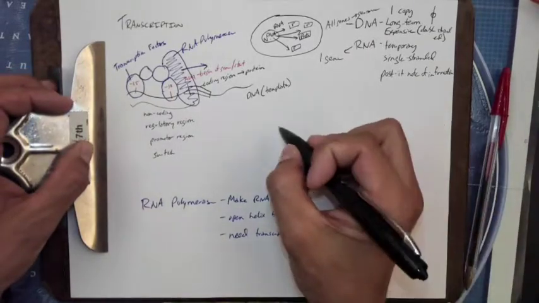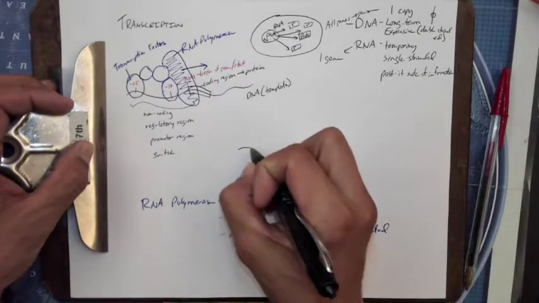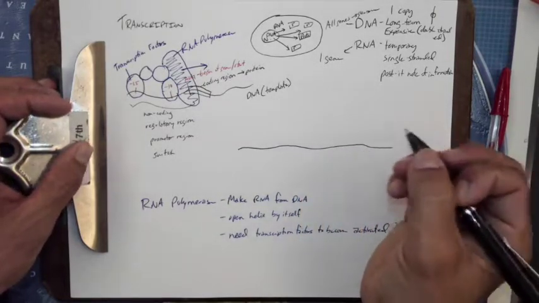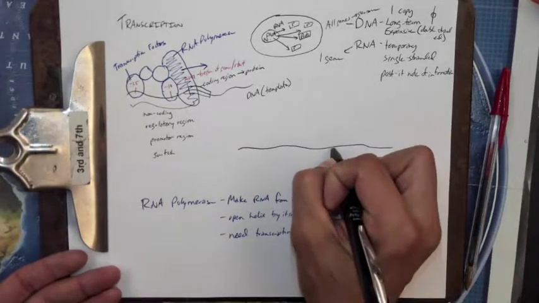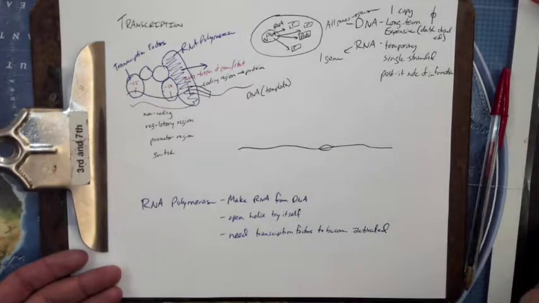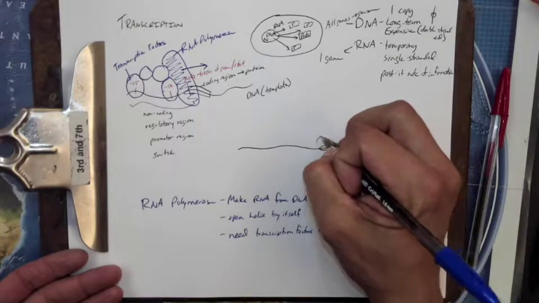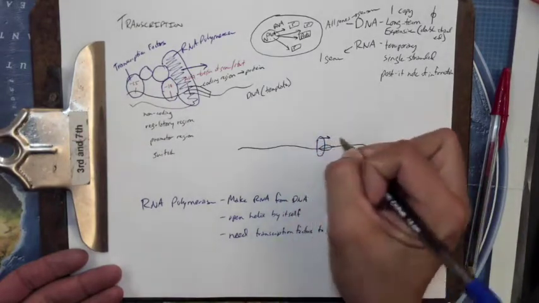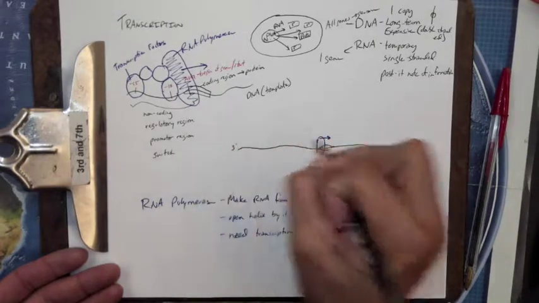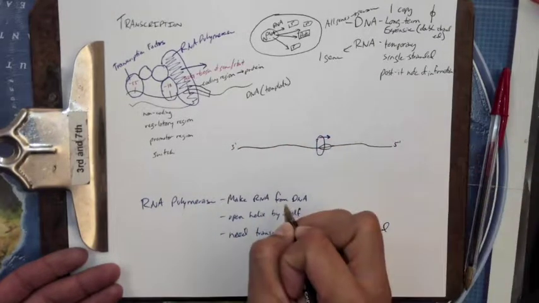which means that after transcription has actually begun, you're going to have this piece of DNA. In the area where transcription is actively happening, it's going to be opened up. You're going to have like a little bubble right here. At that bubble, you're going to have your RNA polymerase. And your RNA polymerase, just like the other enzymes, is always going to read the DNA in a 3' to 5' direction.